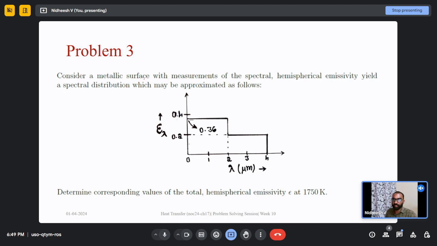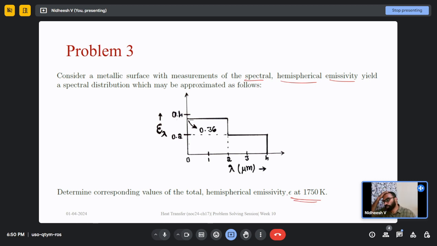Consider a metallic surface with measurements of the spectral hemispherical emissivity yielding a spectral distribution which may be approximated as follows. One spectral distribution of emissivity is given. Determine the corresponding value of total hemispherical emissivity epsilon at 1750 Kelvin.